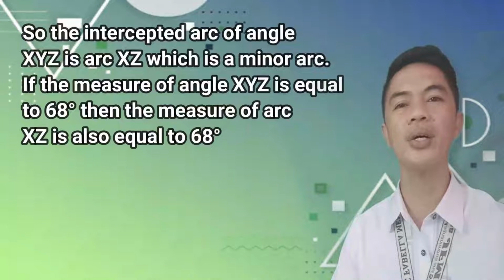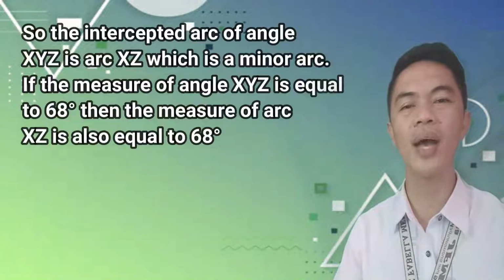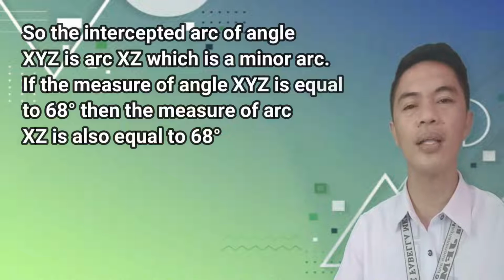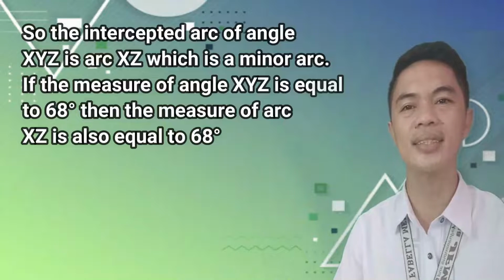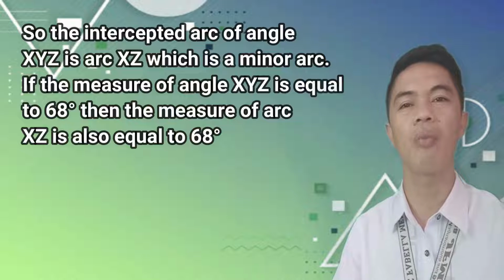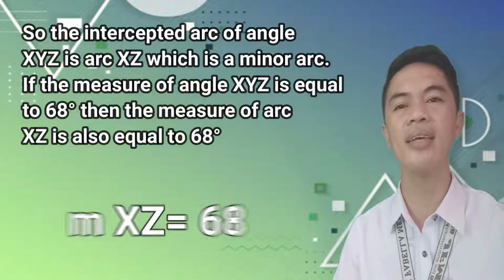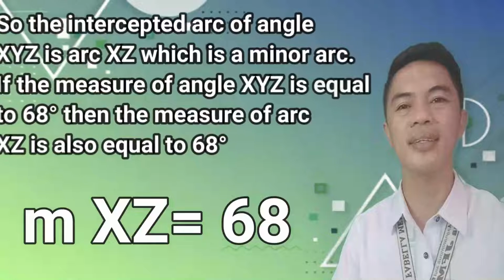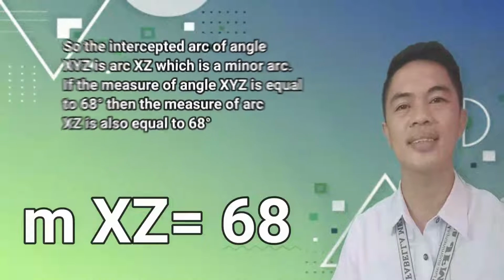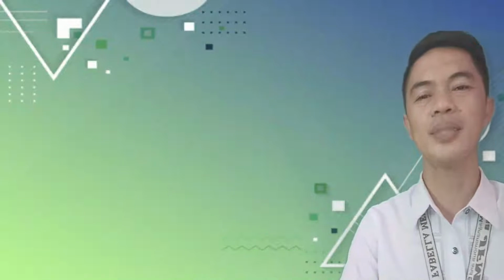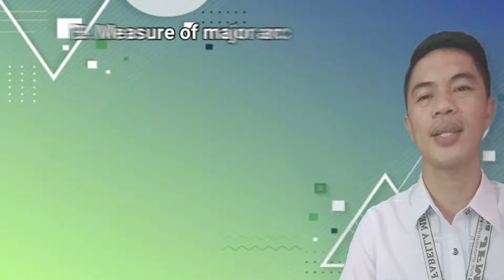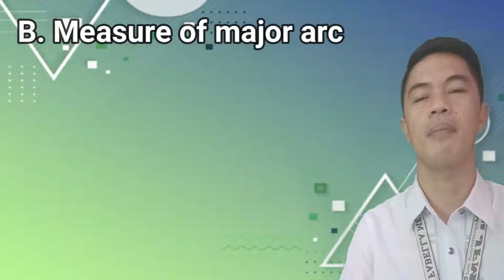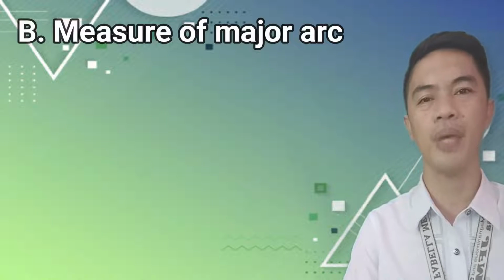If the measure of angle XYZ is equal to 68 degrees, then the measure of arc XZ is equal to 68 degrees. Let's move on to letter B, the measure of major arc.